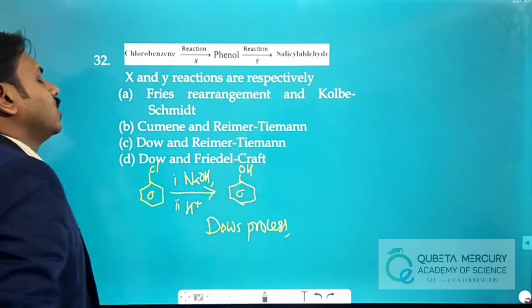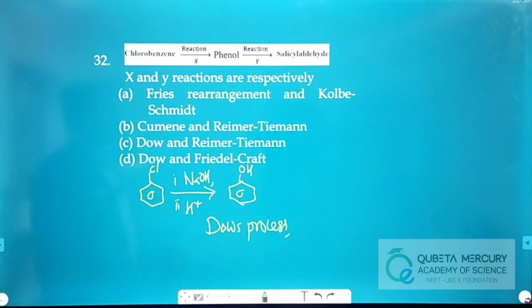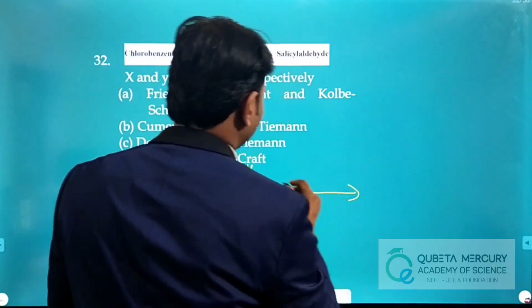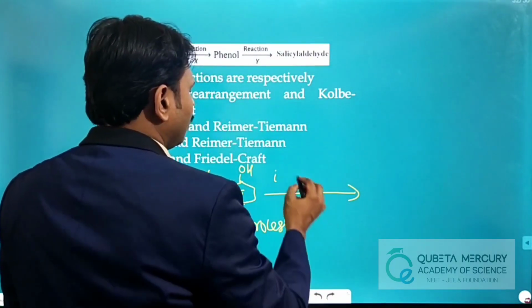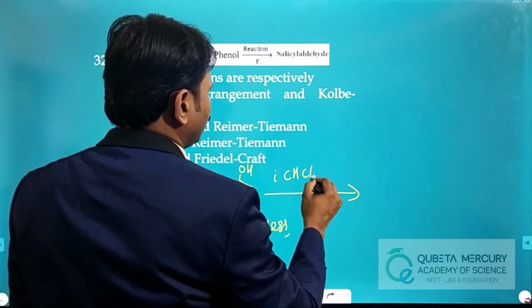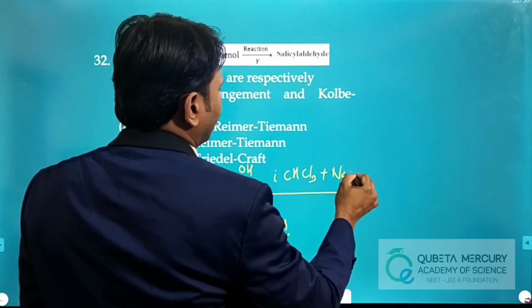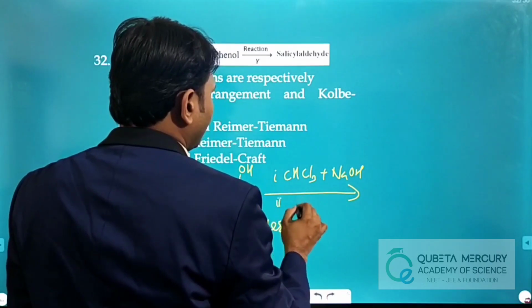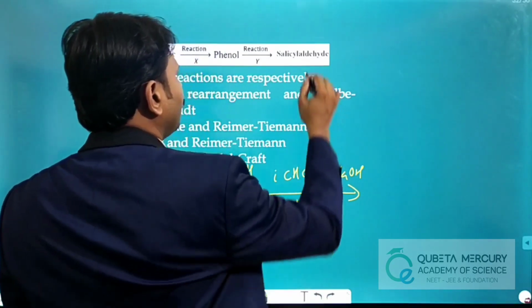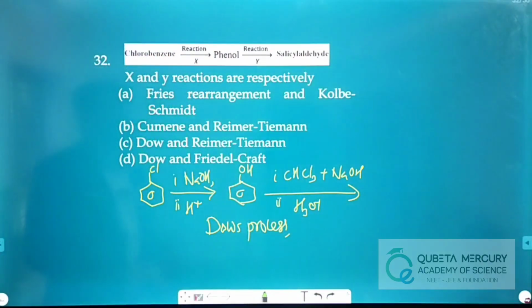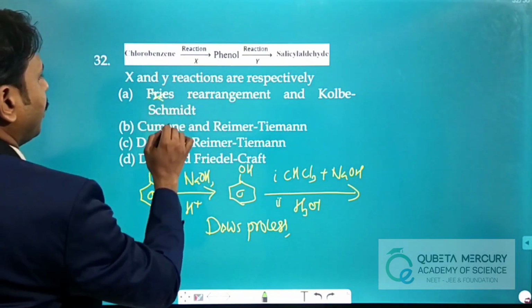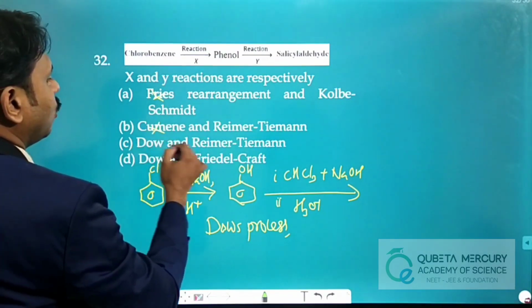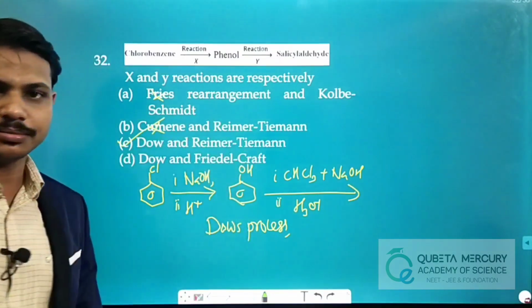It is then converted to salicylaldehyde. The reaction used to convert phenol to salicylaldehyde is called the Reimer-Tiemann reaction. For this, chloroform and alkali followed by hydrolysis will give salicylaldehyde. So X is not Fries rearrangement, not cumene, but Dow and Reimer-Tiemann. C is the right option.